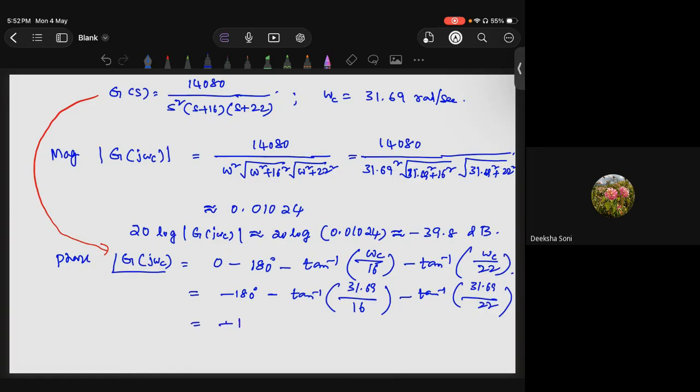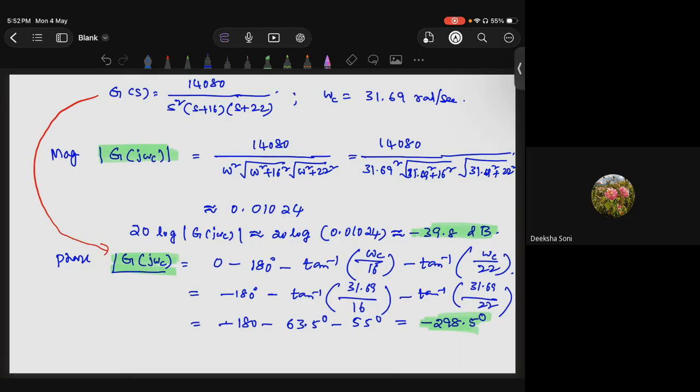So minus 180 minus this, which is some 63.25 degrees, and this is some 55 degrees, where you will get the value as minus 298.5 degrees. Okay, this is the phase. This is the magnitude. These values we need.